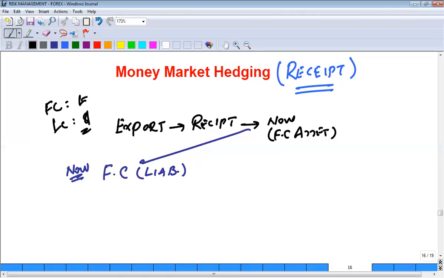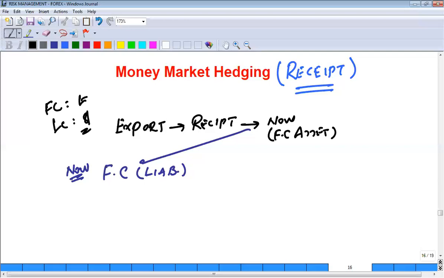We have to pay 100,000 sterling after 1 year. So we have to make the foreign currency liability now, enough that after 1 year, the bank demands us to pay the total amount, including the interest, equal to 100,000 sterling.